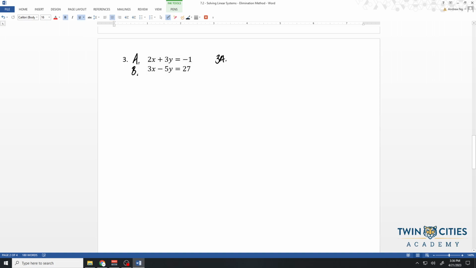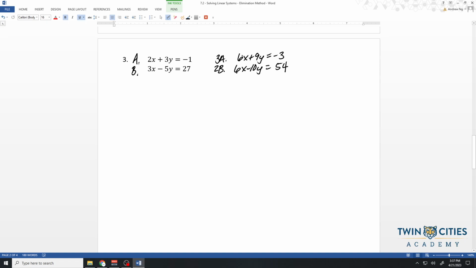And I'm also going to multiply B by 2, since the coefficient on x for A is 2. So 3A means everything in A multiplied by 3 is 6x plus 9y equals negative 3. 2B means everything in B multiplied by 2. So this is 6x minus 10y, and this is equal to 54.